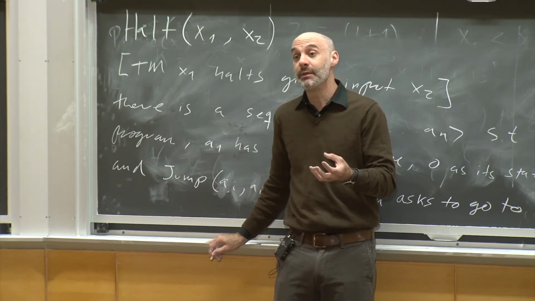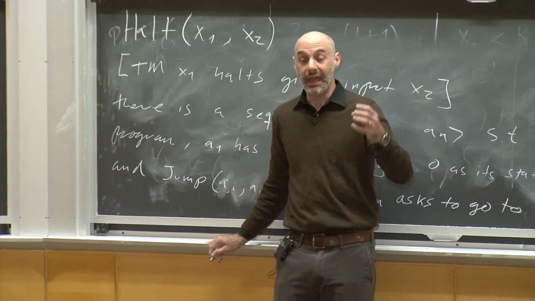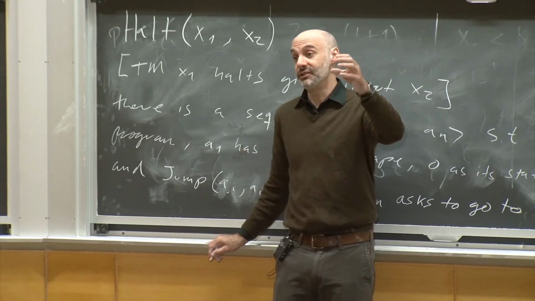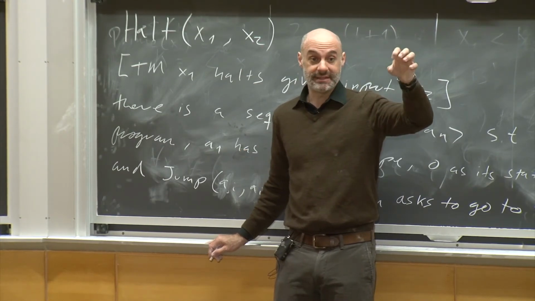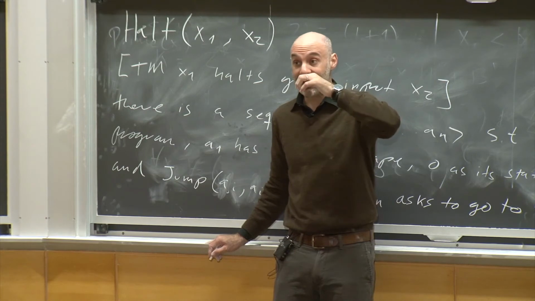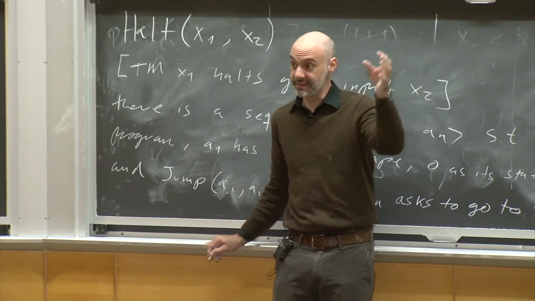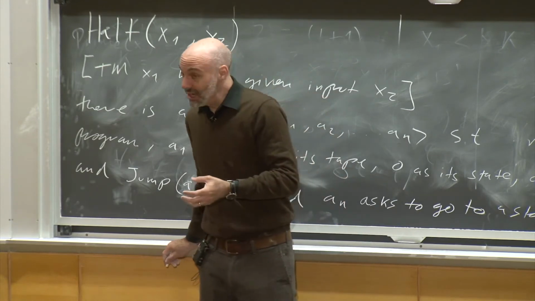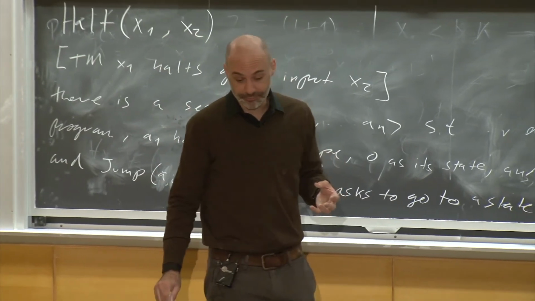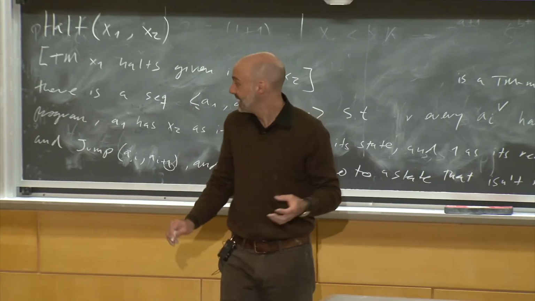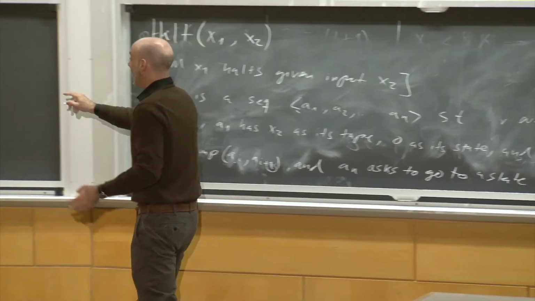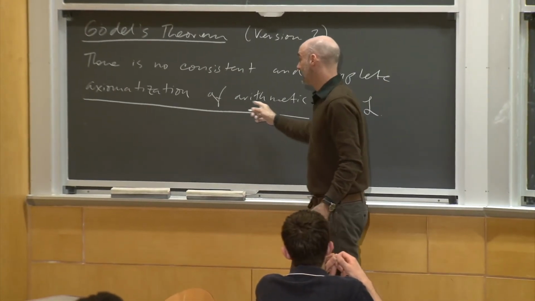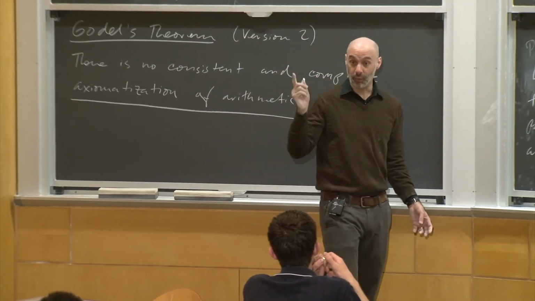And you're going to count something as a proof if it's a sequence of things such that everything on the sequence is either an axiom or something you can get from previous members of the sequence employing the rules. And in order for it to count as an axiomatization, it's crucial that a Turing machine be able to determine what counts as an axiom and what counts as a rule.